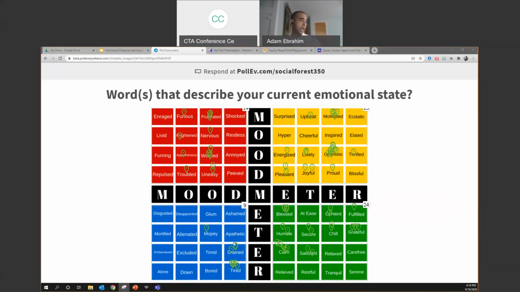Man, we have a cluster right here on tired, drained. We have a mopey participant in our session today. Yeah, disappointed. Somebody has figured out that they can drop multiple pins and is having a good time.